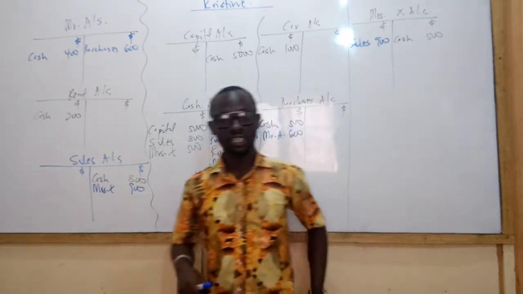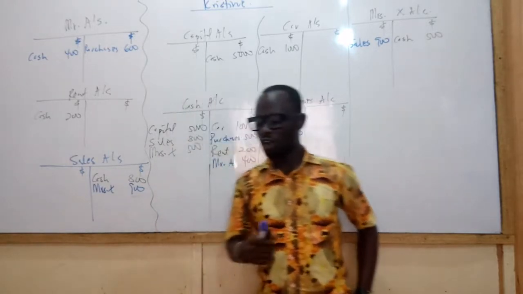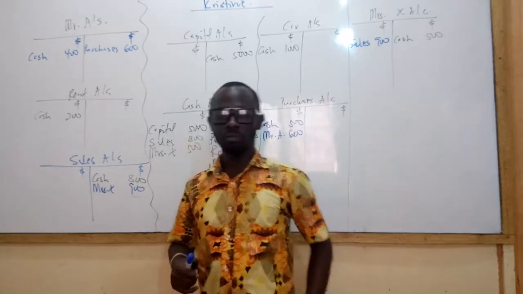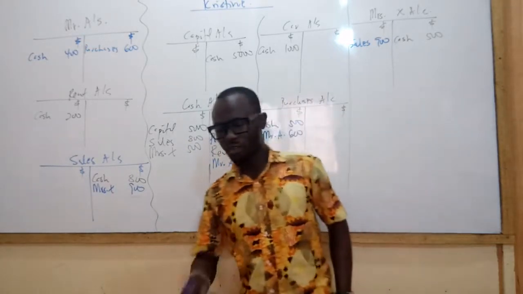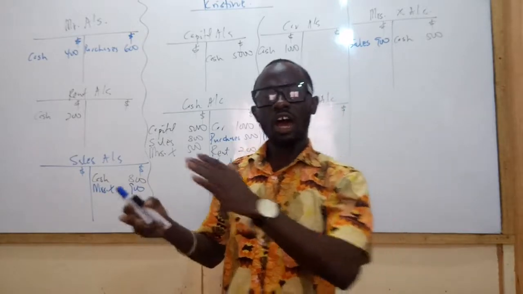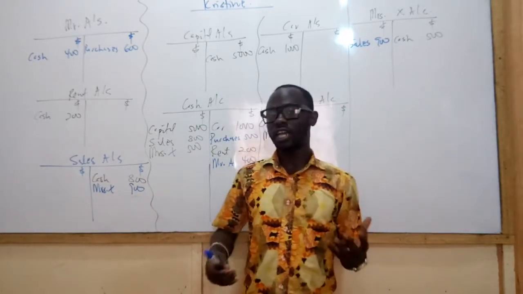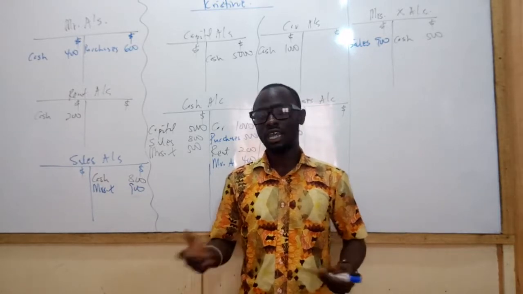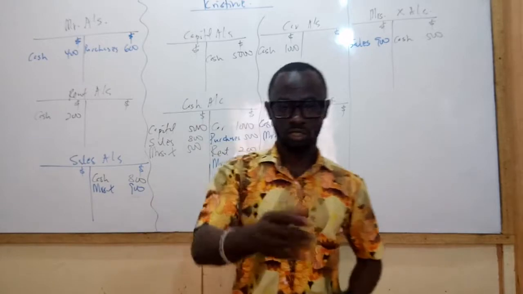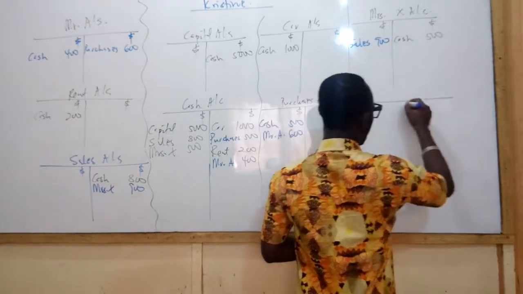Then the last transaction there is Christine withdraws $100 cash from the business. Now, if the owner of the business, that's the proprietor, withdraws money for personal use, that means it is what? Drawings. So we treat that as drawings. We're going to open a drawings account.